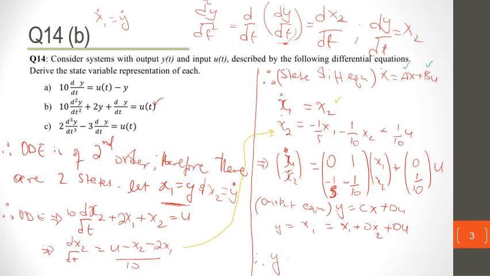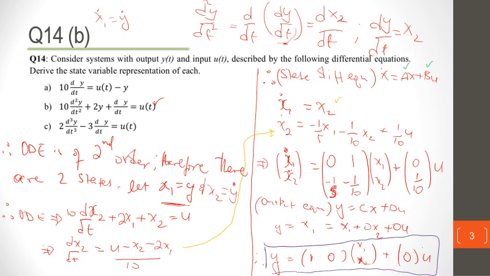Therefore, we can write y is equal to [1 0] times x1, x2 plus 0 times u. So it's not related to u, and it's related only to x1. And therefore, we have just written our output equation and our state equation. So the two give us the state variable representation.